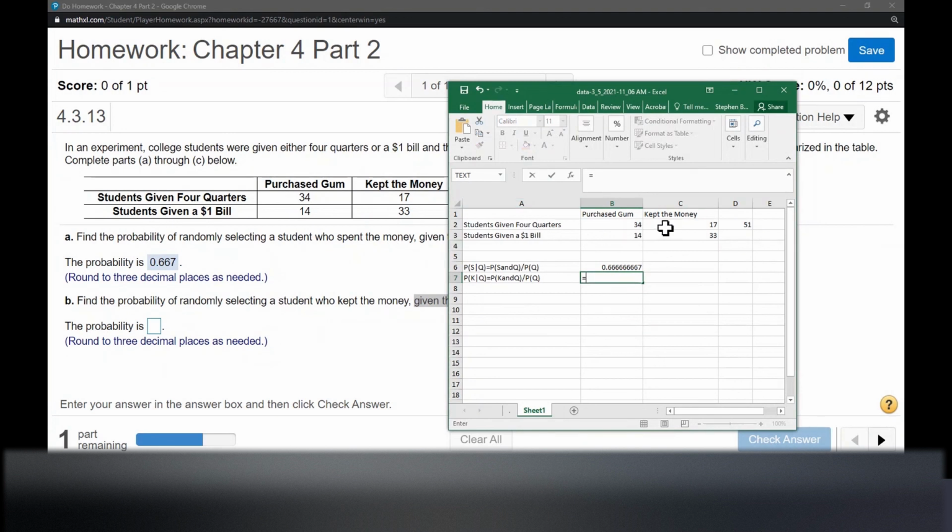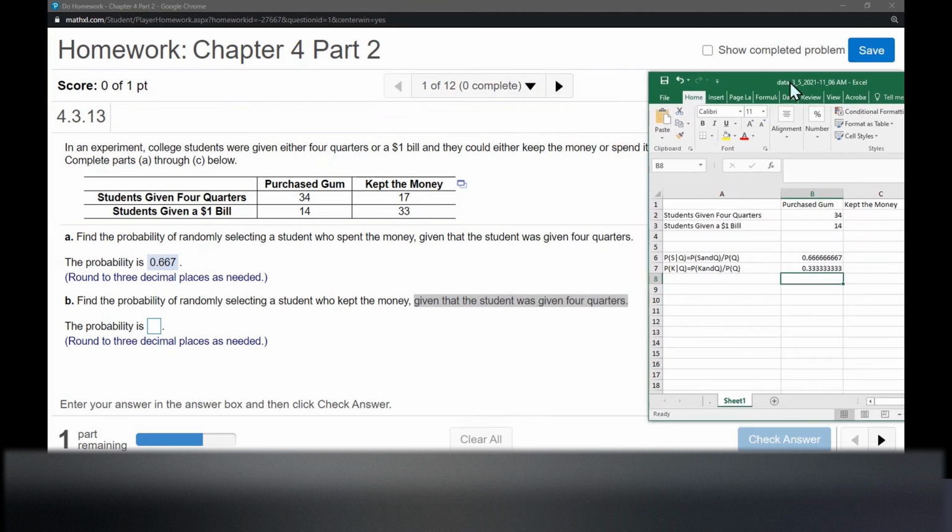So who kept the money? 17 people kept the money, and 51 people were given quarters. So that makes sense. It would just be the complement. I didn't think about that till now, but who spent the money given that they have quarters? Who kept the money given that they had quarters? So 0.333. That makes sense.